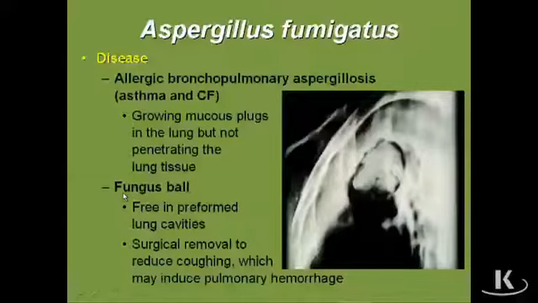In preformed lung cavities, like what might be left over from tuberculosis, you get what's called a fungus ball. So you have a preformed cavity in your lungs left over from a previous disease. You inhale some Aspergillus, it gets into that cavity and forms what we call a fungus ball. And you need typically surgical removal to get rid of it, but you can also have hemoptysis with the fungus ball as well. So it can actually mimic a little bit like tuberculosis.